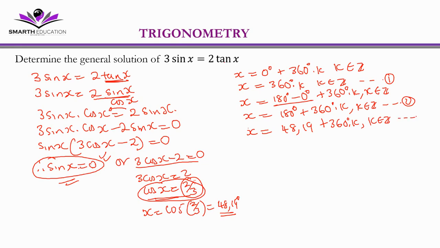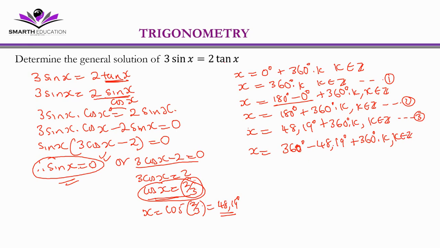That's the third equation. Then we have the fourth quadrant, where x is equal to 360 degrees minus 48.19 degrees plus 360 degrees times k, where k is an integer.